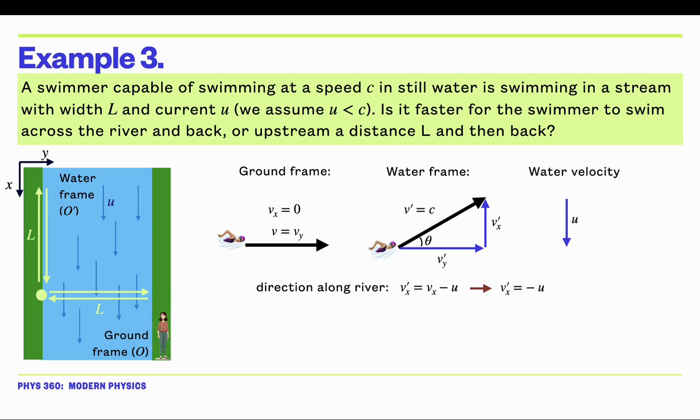In other words, Vx prime, this component of their velocity in the water, just has to equal the velocity of the current going downstream.